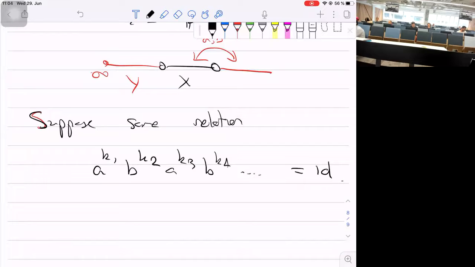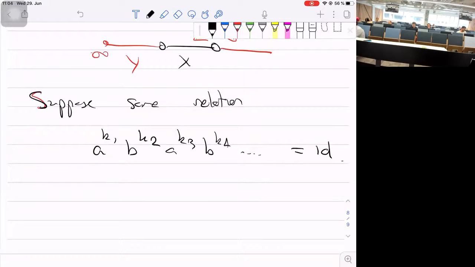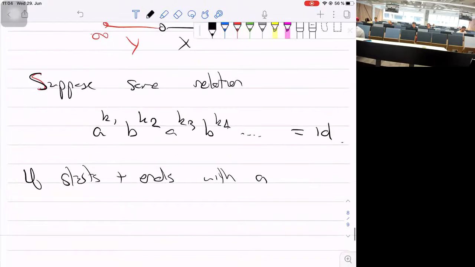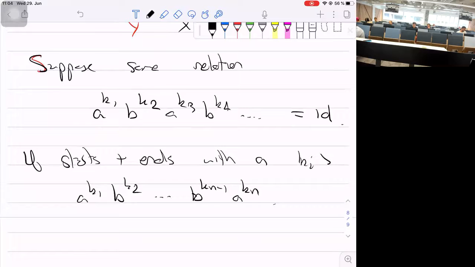Then you can very quickly deal with cases where it starts with an A and ends with an A, or starts with a B and ends with a B, as follows. So we have a relation of something like A to the K1, B to the K2, dot, dot, dot, B to the K(n-1), A to the Kn, where these Ki are non-zero, they might be positive or negative.